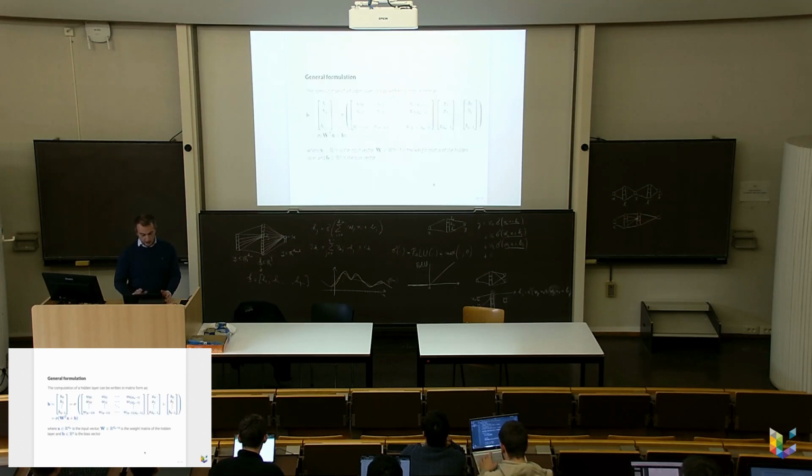Okay, so now we are ready to see the general formulation of this deep neural network. The first thing is that the computation of a hidden layer can be written in matrix form.